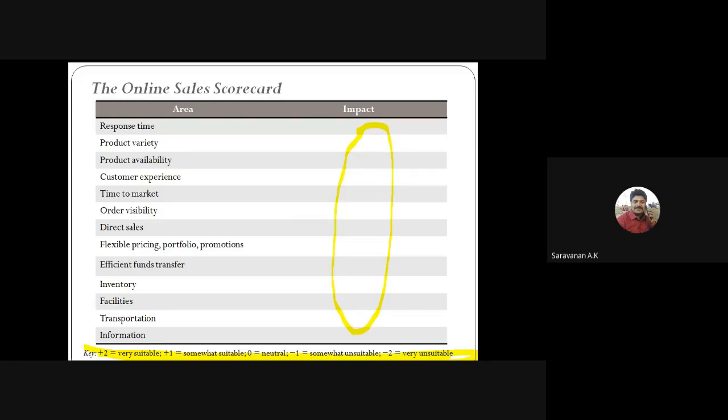For a particular product in online sales, we indicate +2 when it's very suitable, 0 for neutral, -2 for very unsuitable, and -1 for somewhat unsuitable, right? By this format we can identify whether the product impacts online sales or not. It is called the scorecard of online sales, right?